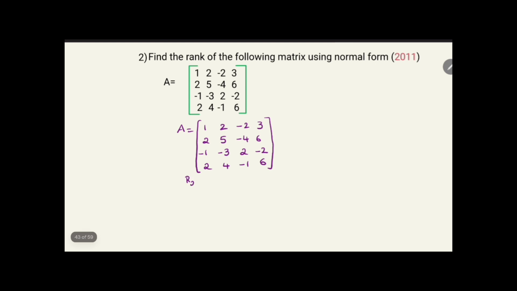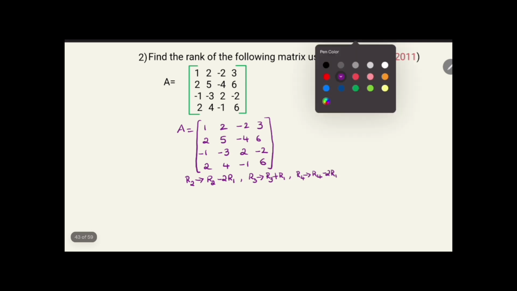R2 implies R2 minus 2R1. This is one operation. And coming to the third, the element is a negative number, so we have to add: R3 implies R3 plus R1. And coming to R4, R4 implies R4 minus 2R1.